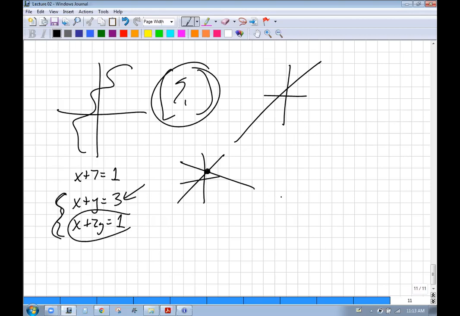So if I have an x plus 2y plus 3z equals 4, and I have a 2x minus y plus 4z equals 5, and I have a 3x plus 3y plus 3z equals 3.